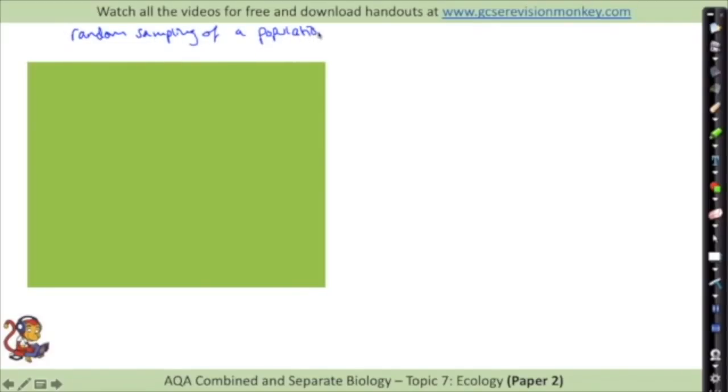Population being one species, if you remember from the keywords that we looked at before. For example, if you had a very large area, say 100 metres by 100 metres, you might want to estimate the number of a particular organism that is in that area.